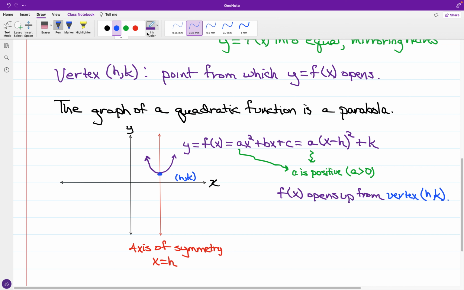Now, going back to relative minima and maxima, when the graph opens up from the vertex, the vertex is going to be the minimum, or the location of the minimum.